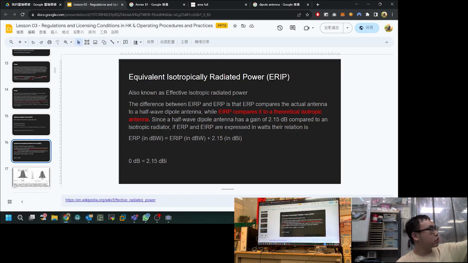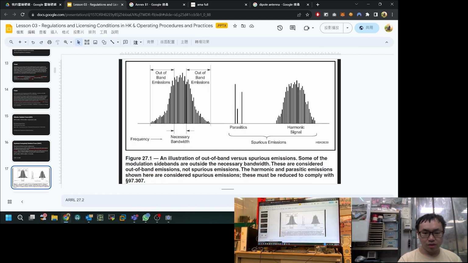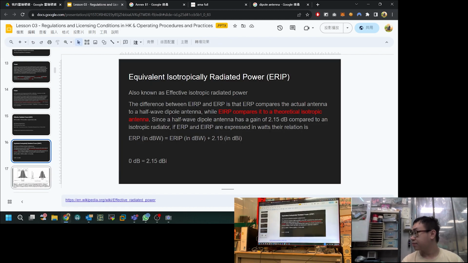Or just minus 2.15, if you are using ERP, measuring against the half-wave dipole antenna. If I'm using something else, not a dipole and not an isotropic antenna, how am I going to do that? You have to know your gain first.